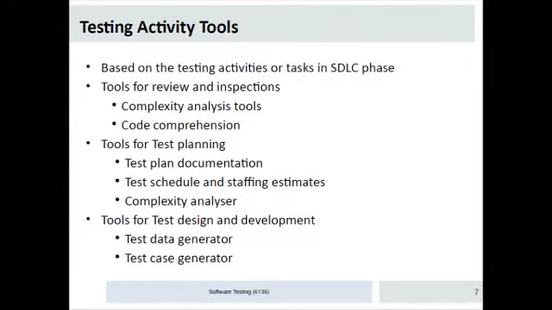Also, code comprehension tools are used to understand the dependencies, program logic, view the graphical representation of the program, and to identify the dead code, that's the code not being used. These tools are extensively used by the inspection team in order to understand and learn the program logic.